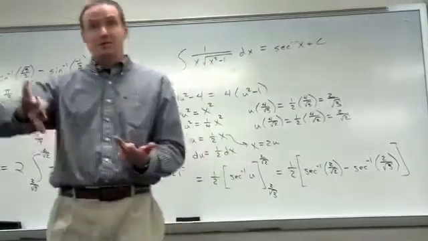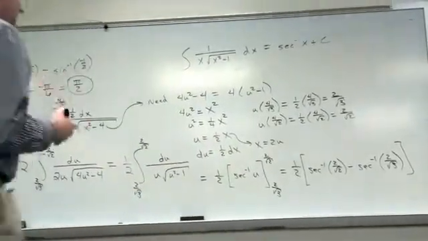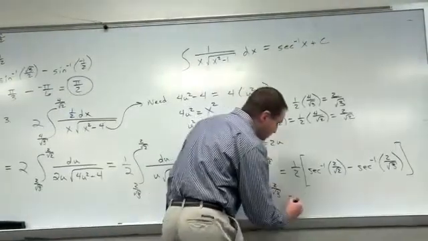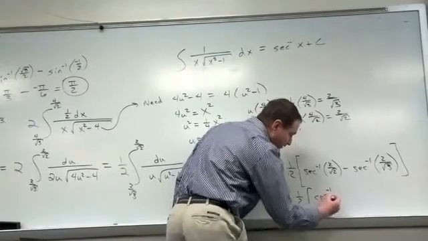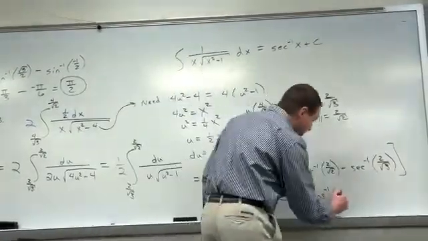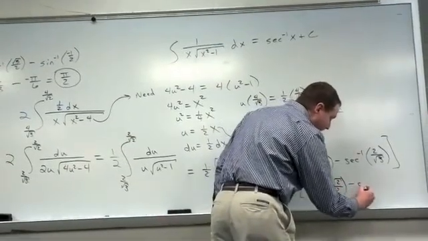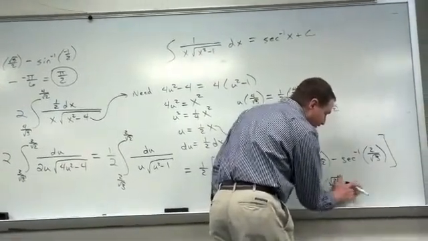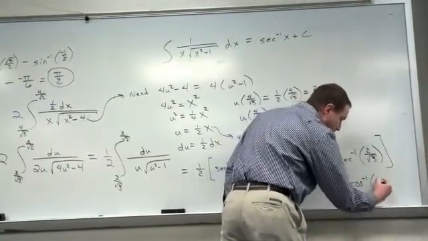So the inverse secant of 2 over the root of 2 is going to be the inverse cosine of the reciprocal of that angle, the square root of 2 over 2. That's something we can handle pretty easily. Minus the inverse cosine of the square root of 3 over 2, like that.